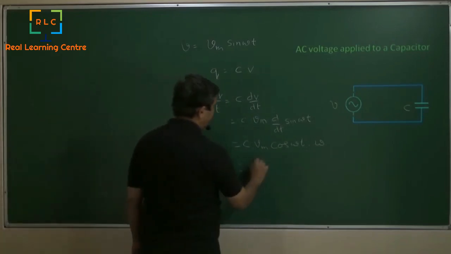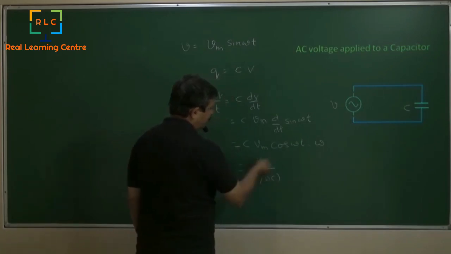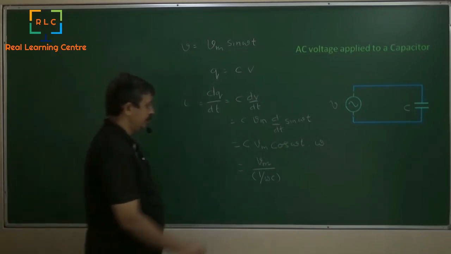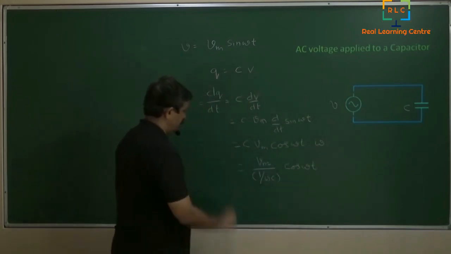So this we can write as Vm divided by 1 by omega C, or you can say omega C into Vm into cos omega t. This is our I.